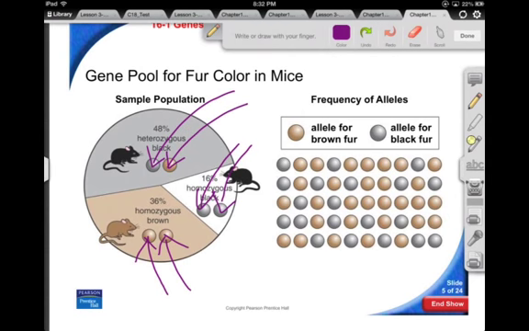So when we look at a population and we count up the phenotypes, what we see with these mice is 48% plus 16%, so 64% of the mice have a black phenotype.